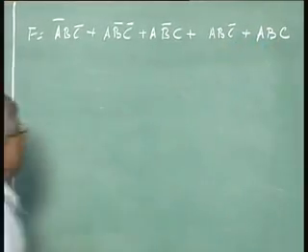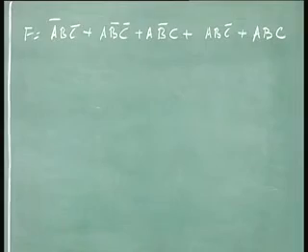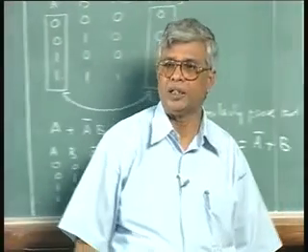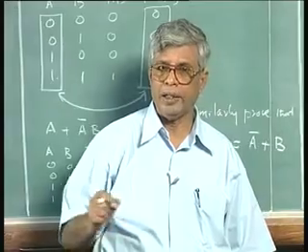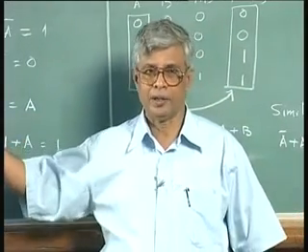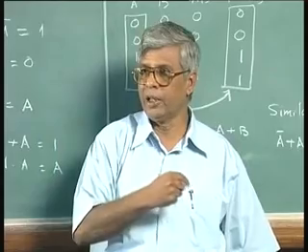This is the original function, the canonical sum of product, written directly from the truth table, reading off the entries of the truth table for which the output is true. And I want to make it f is equal to a plus b. That is the sum of products. This is canonical sum of product.